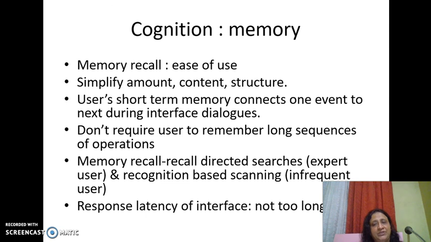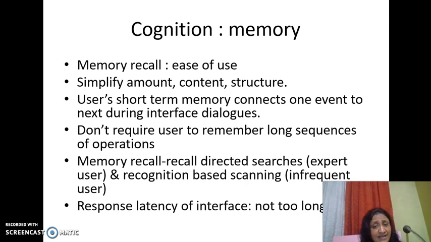Don't require the user to remember long sequences of operations. To operate a particular function, if the user has to press a lot of keys or knobs on the front panel, then it becomes very difficult for the user to remember all this and get the functionality. And that's why memory is very important.